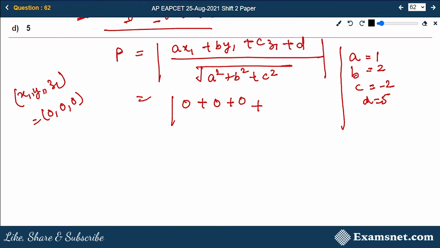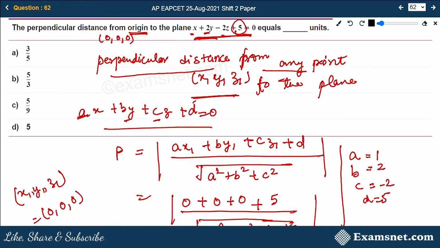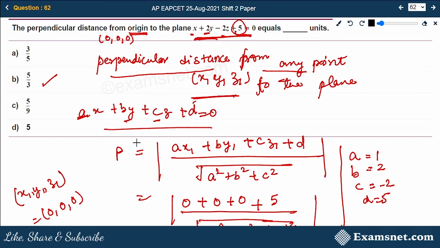So the distance is 5 upon under root of 1 square plus 2 square plus minus 2 square, which gives 5 upon root of 1 plus 4 plus 4, that is 9, so 5 upon 3. Since the distance cannot be negative, the answer will be 5 upon 3 only, which is option B. Let's move to the next question, question number 63.